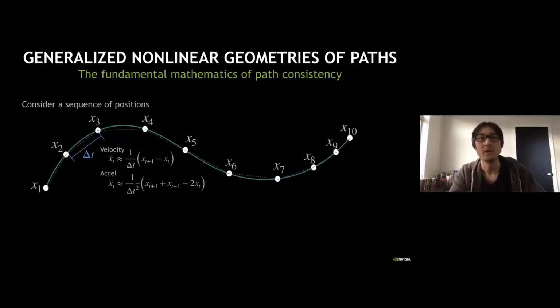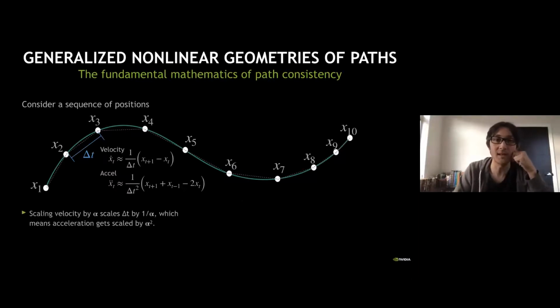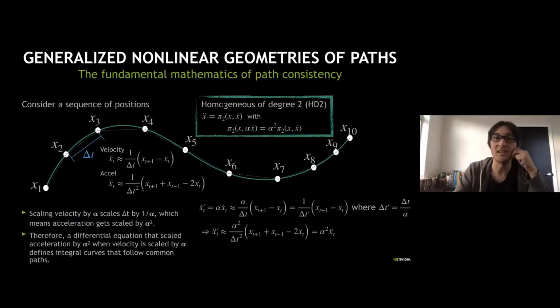So if you scale the time variable of this thing by some factor, then the acceleration is going to scale by that factor squared, which means that if you just write down a differential equation that has that property, you scale velocity and it scales the acceleration by the scalar squared, then it's going to generate integral curves, paths that are generated by integration that are always consistent with each other, independent of the velocity that you choose.